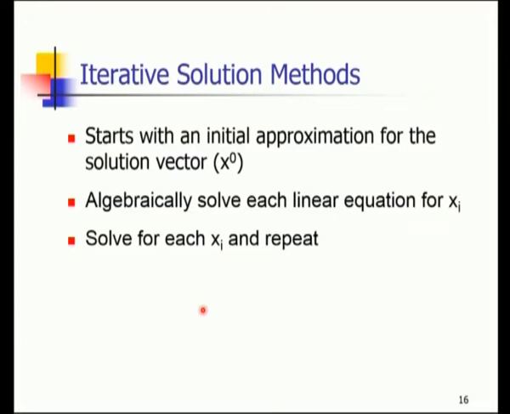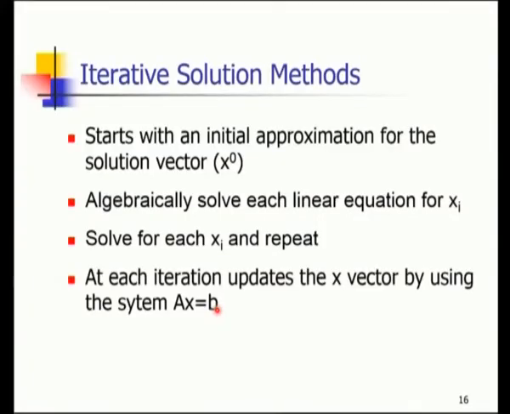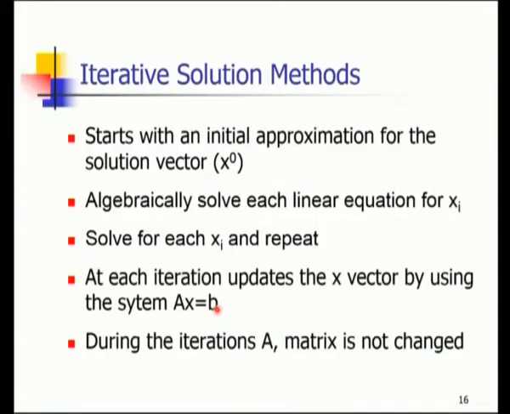At each iteration, we update the solution vector by using the system Ax equal to b. Here A is the matrix, x is the solution vector, and b is the right hand side given vector. The given data are A and b, so during the iterative procedure, the matrix is not changed.